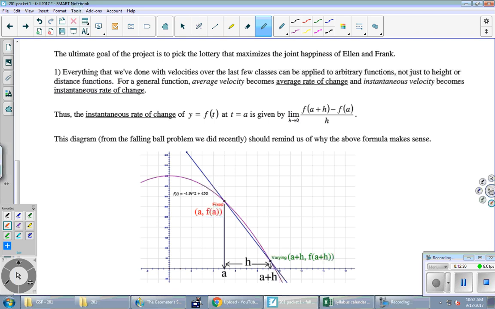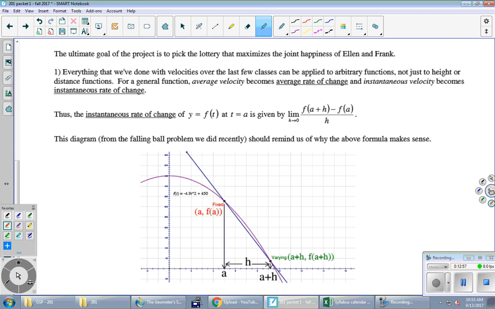All right, number one, everything that we've done with velocities over the last two classes can be applied to arbitrary functions. So remember we talked about the zombie race. These guys were just running, stumbling at a certain speed, and then we tossed the ball off of a tower and the ball was falling faster and faster and faster. So it's all been velocities, but we can apply all of our formulas from velocity land to arbitrary functions, not just the height of the ball or distance functions for our zombies.